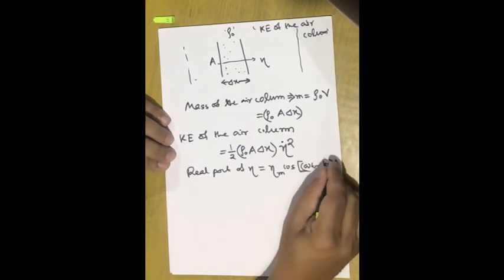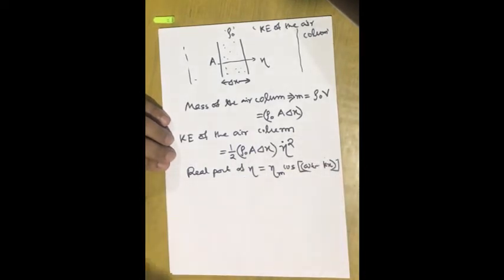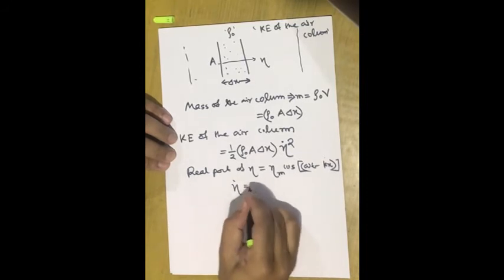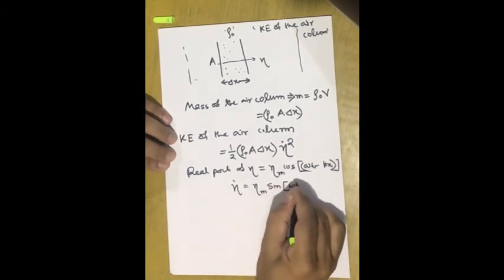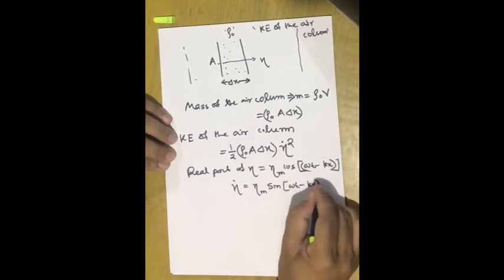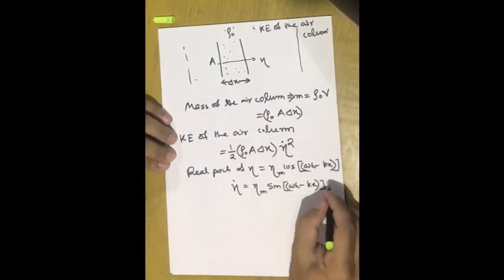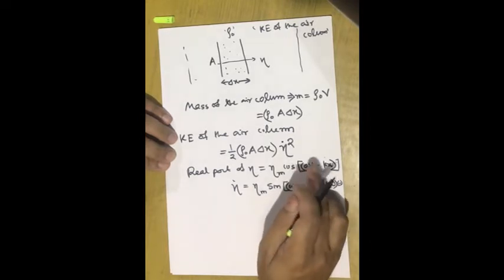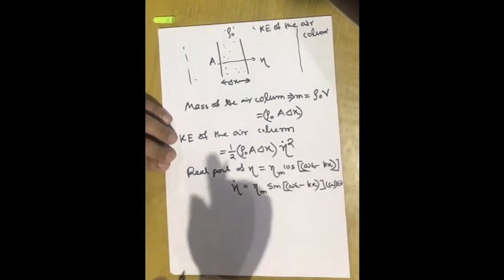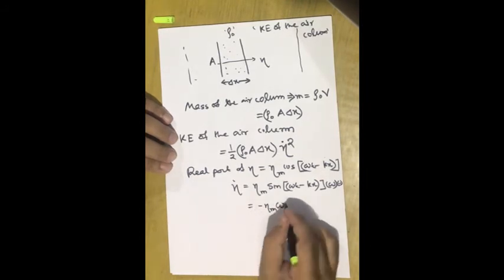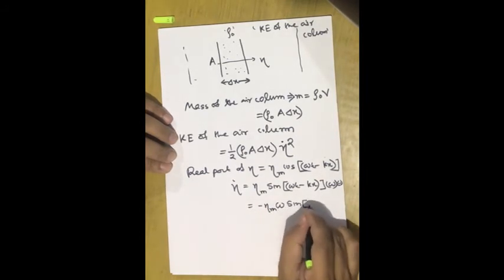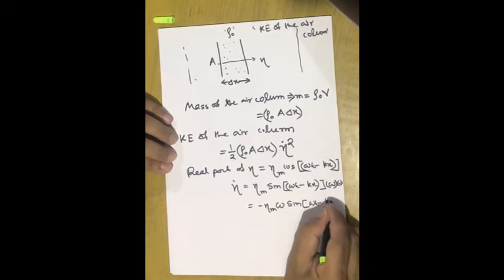So eta dot will be equal to eta m omega, and there will be a minus sign, because if you differentiate cos it becomes minus sine. So it will be minus eta m omega sine(omega t minus kx).